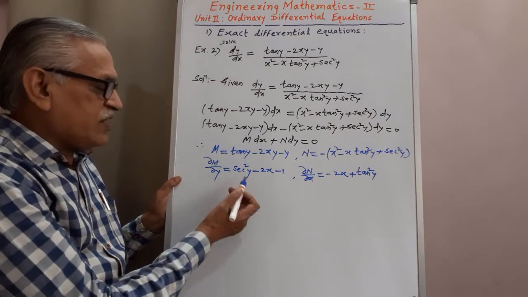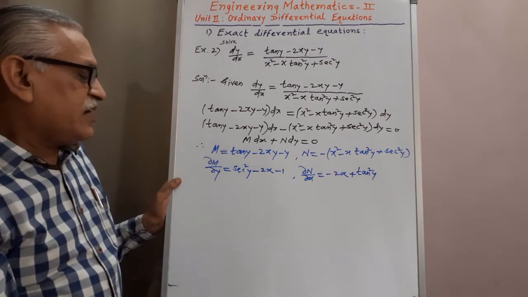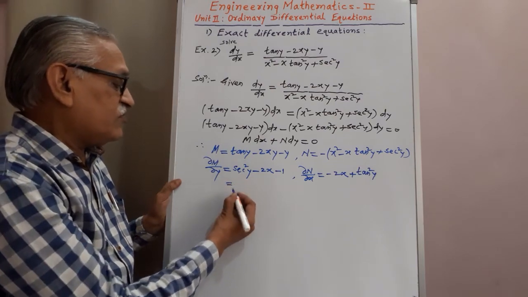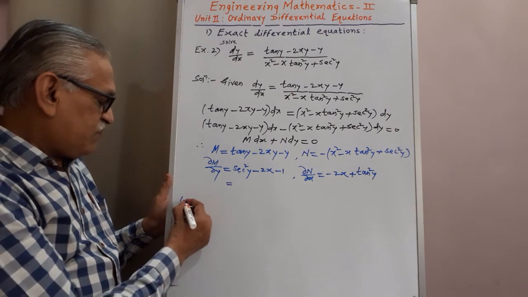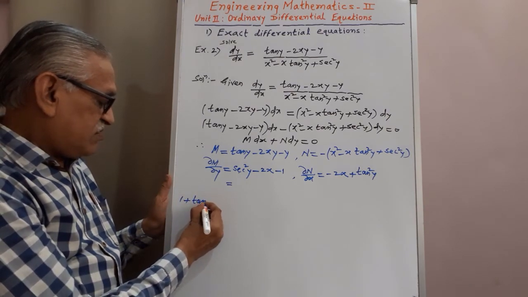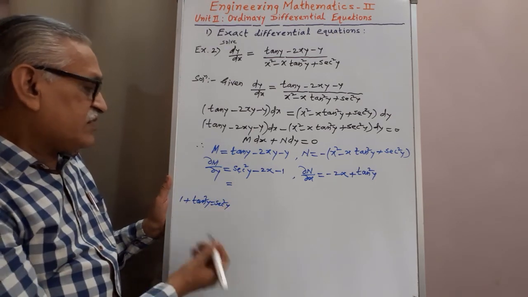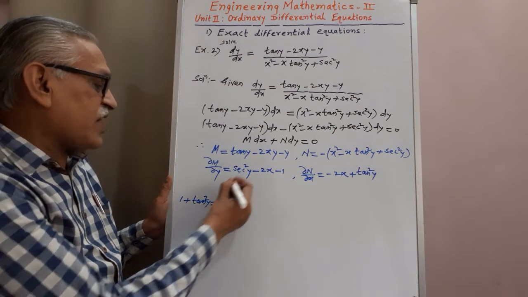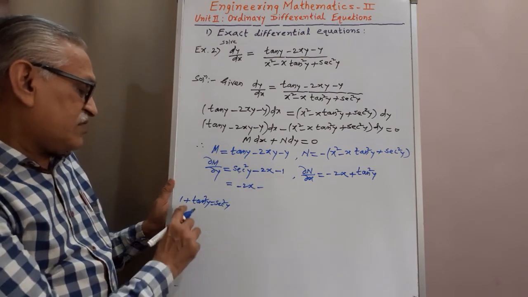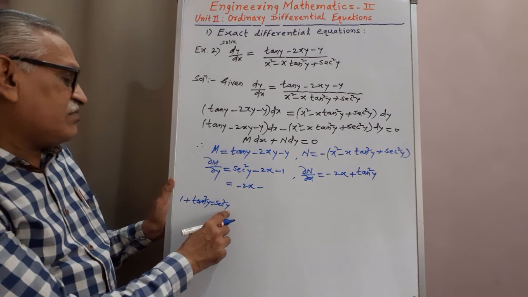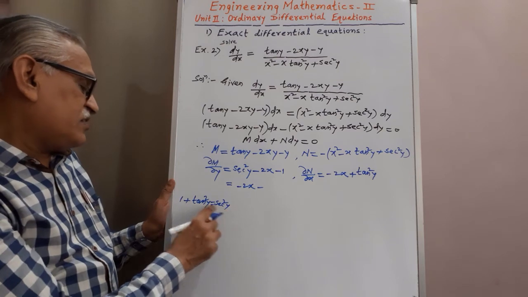To get these two values equal, either we have to convert this in terms of tan or tan in terms of secant. We know that 1 plus tan square y is secant square y, meaning secant square y minus 1 is tan square y.